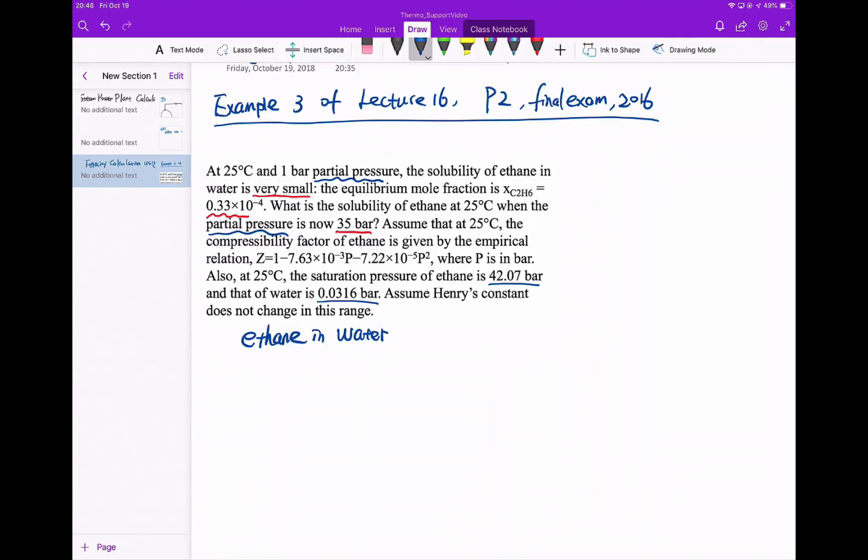Let's use Henry's law. And temperature is always 25 degrees C. Pressure P1 is 1 bar, moving to P2 is 35 bar.